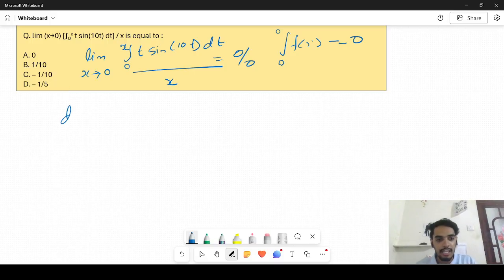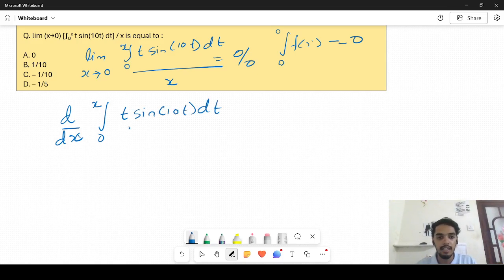Just look here: derivative of integral 0 to x t sin 10t dt, divided by derivative of x, which will be 1 only, that we know. But for the numerator, just check the derivative of this integration.